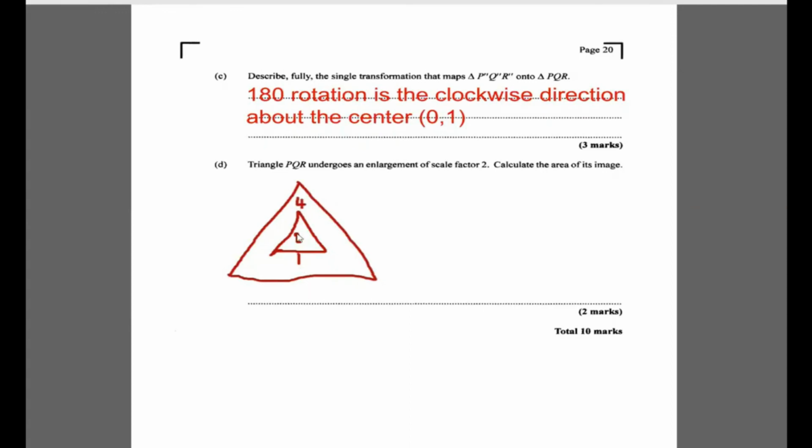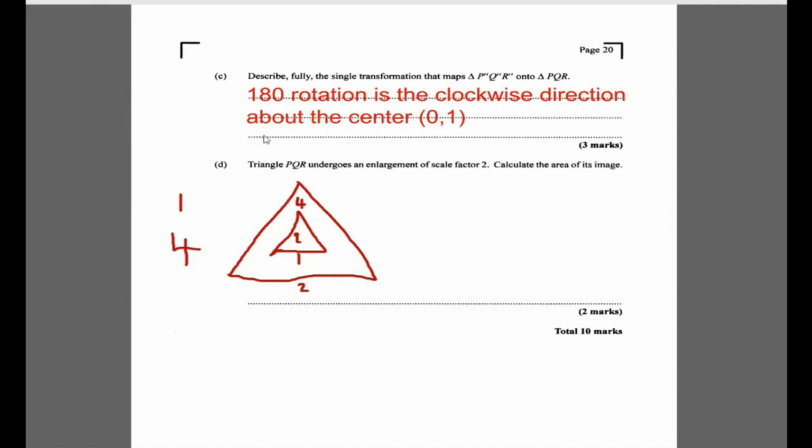Now look what happened. The area of the smaller triangle is half base times height, which is a half of 1 times 2, which is 1. And the area of the big triangle is a half of 2 times 4, which is 4. So the area of the big triangle is 4 times the area of the small triangle.